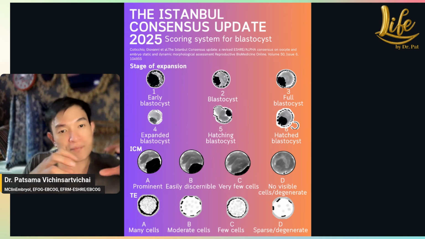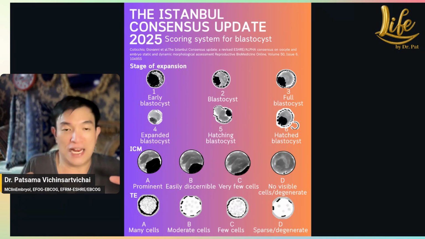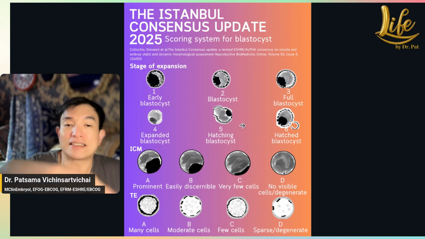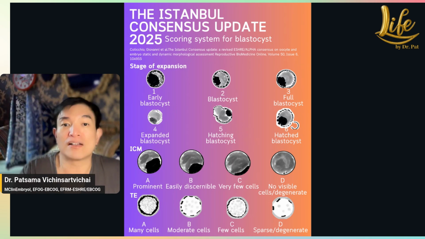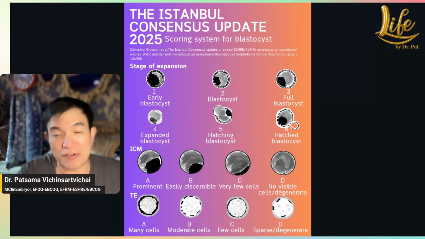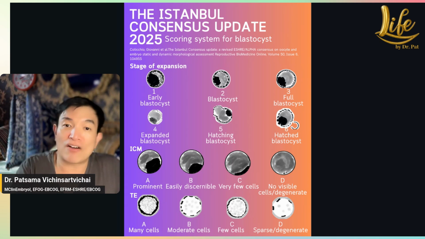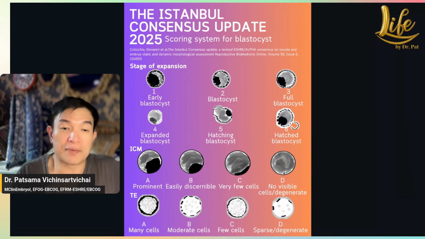Once expanded, the shell, or zona pellucida, becomes thin. If it already breaks and the embryo starts going out of the shell, it's called hatching, so we designate it number 5. And the last one is 6, the hatched blastocyst. It means the whole embryo has just gotten out of the shell and is ready to implant.